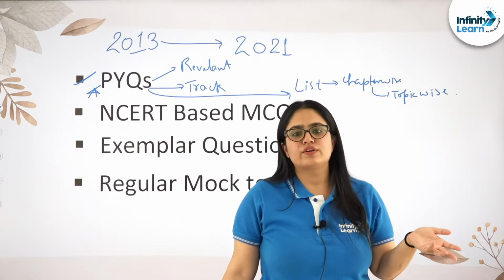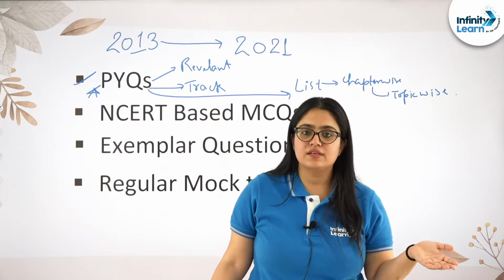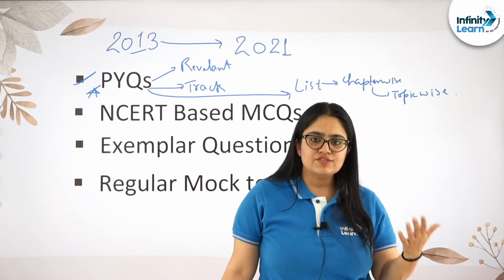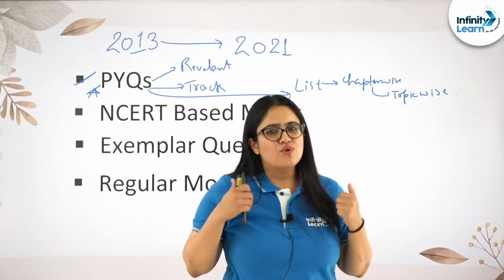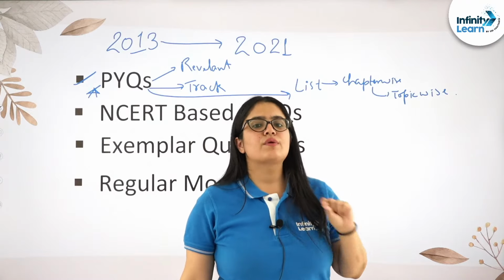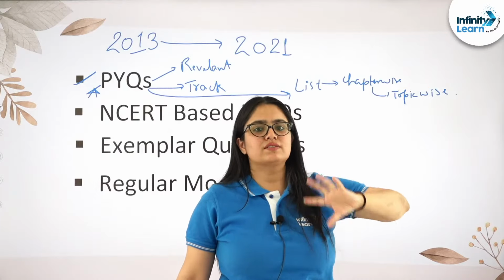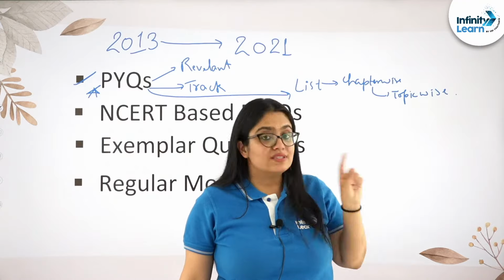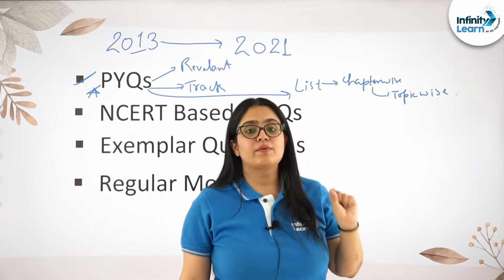That means how many questions were asked from the prokaryotic cell, the cell theory, the cell membrane, cell wall, mitochondria, endoplasmic reticulum, nucleus, right? You have got to have this idea. If you won't do it regularly when you are practicing chapter-wise PYQs, you might have to do it in the end. So it's better to do it regularly and keep a check that from this particular chapter, this particular topic is far more important, right?